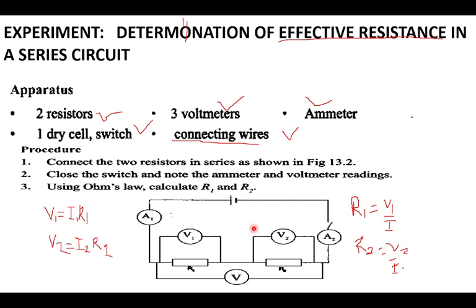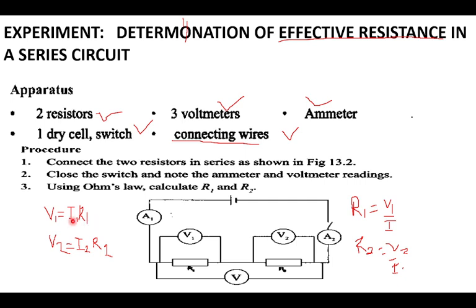Now, having done that, you are going to use Ohm's law to find resistance R1 and R2. Remember Ohm's law says voltage is equal to current times resistance. So for V1 here, you simply take the current, which is the ammeter reading here, and the voltage is going to be given by the voltmeter there.